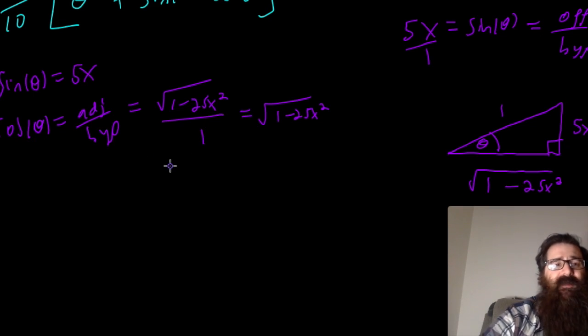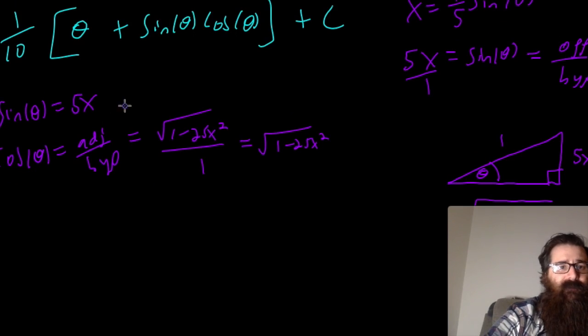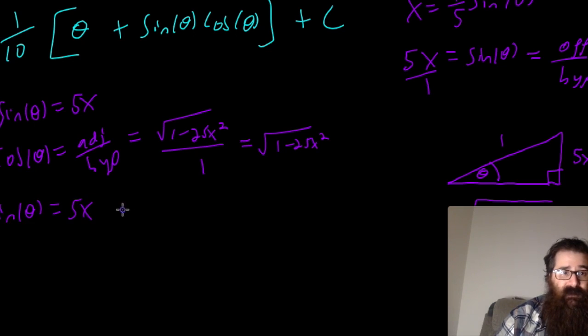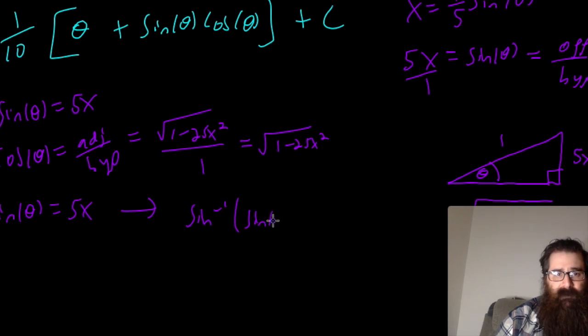And what about theta? So I can replace sine theta with 5x, cosine theta with radical 1 minus 25x squared. Replacing theta actually isn't so bad. We could say since sine of theta is equal to 5x, then if I apply sine inverse on both sides, sine inverse of sine theta is equal to sine inverse of 5x.